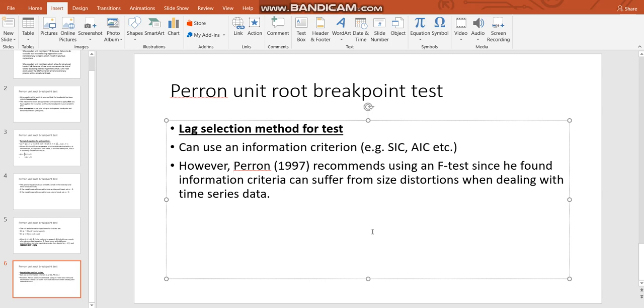So as a result, we're going to apply a slightly modified version of the original Perron unit root breakpoint test.